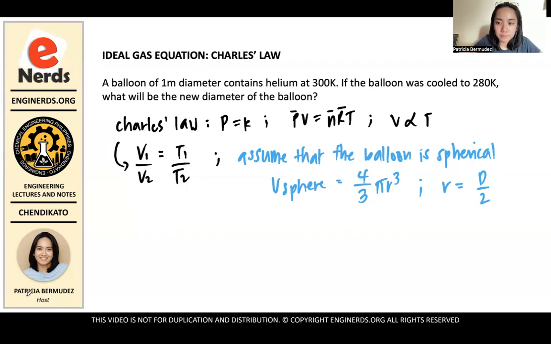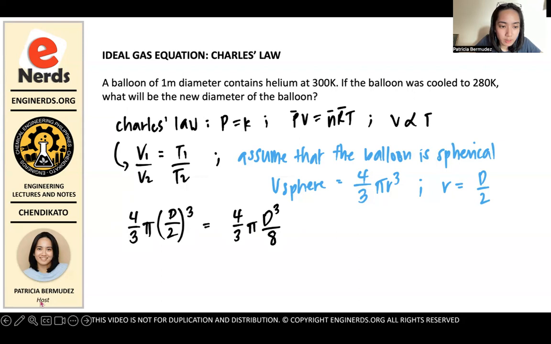So from there, we can simplify the volume. So 4 over 3 pi, and then r cubed, we will replace that with d over 2, cubed. And then itong cube na to, i-distribute natin siya sa d and sa 2. So 4 over 3 pi d cubed over 2 raised to 3 is 8. And from here, we can simplify.